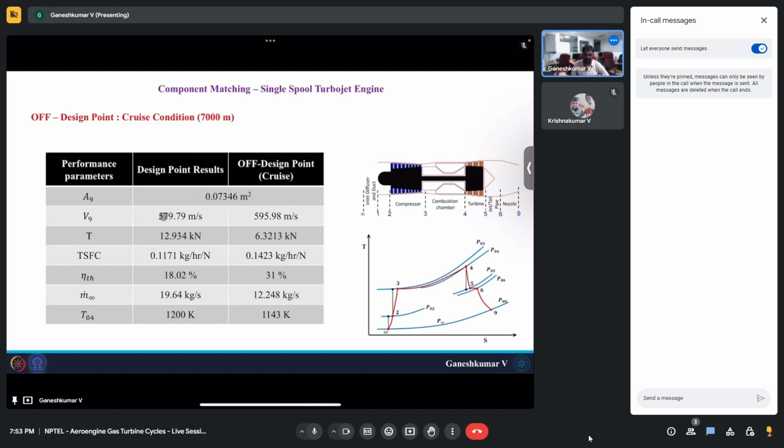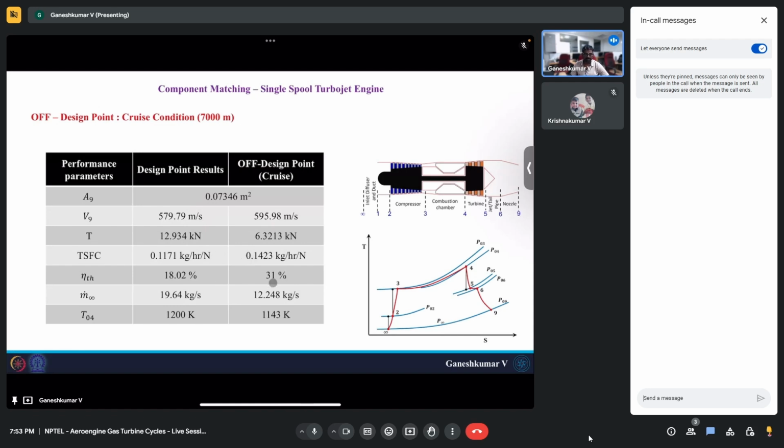V9 in the design point was 579.79 meters per second. Here you have a higher V9. And the thrust at the design point was around 13 kilonewtons, but here you have only half of it, 6.3 kilonewtons. And the TSFC is higher because it is not designed for that condition, so it is expected to be higher.